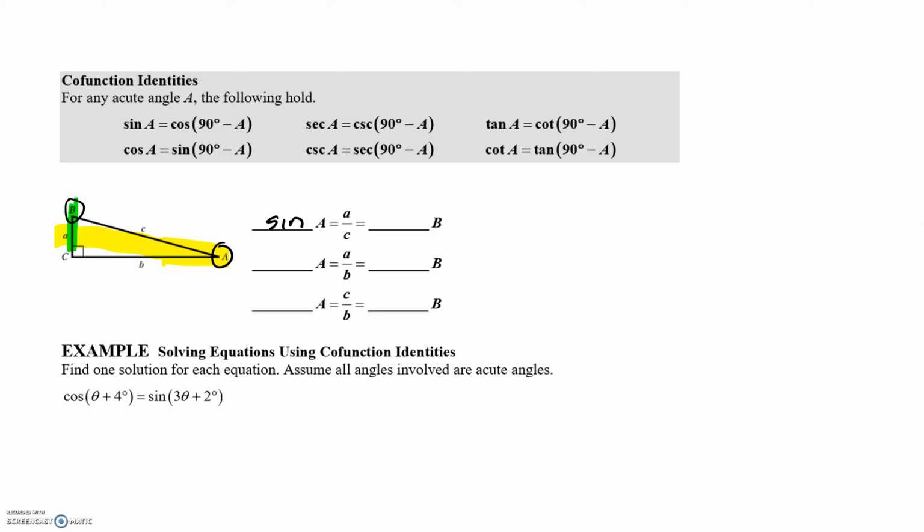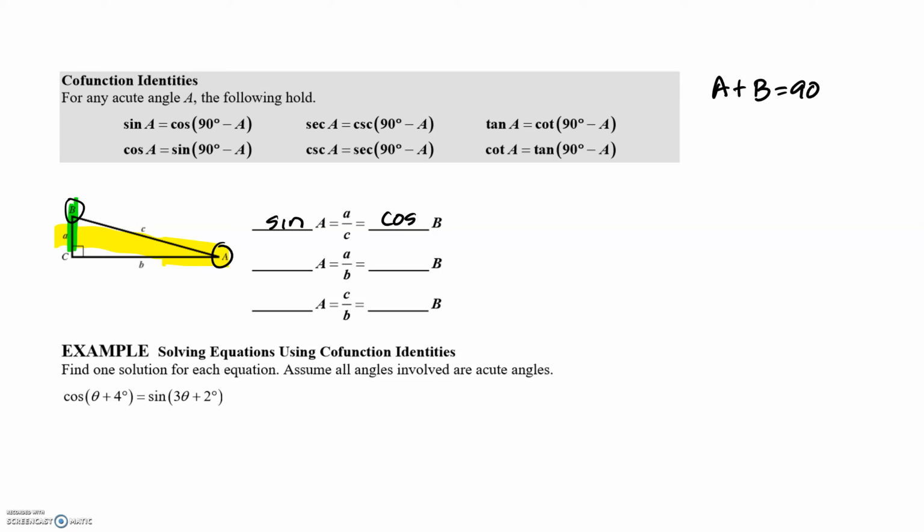So we know that adjacent over the hypotenuse is cosine. So we learned that the sine of A is the same as the cosine of B. And we know that A plus B is 90. They're complementary angles because the whole thing is 180, A, B, and C, and C is 90 degrees. So that means A plus B is 90 degrees.